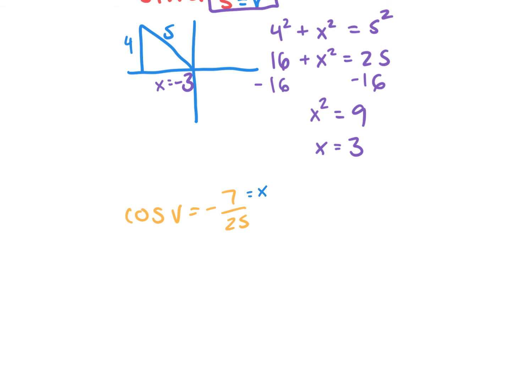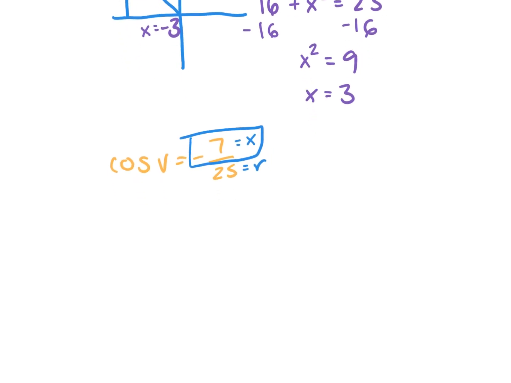X over r. How do I know where the negative goes? Does it go with the x or does it go with the r? It goes with the x because r is never negative. So I have a negative 7 for x and 25 for r. So if I draw my triangle, again, it says it's in the second quadrant, so it's over here. X is negative 7, r is 25.